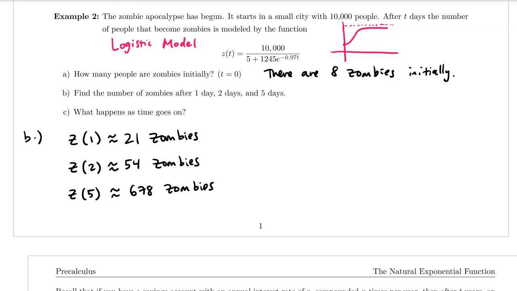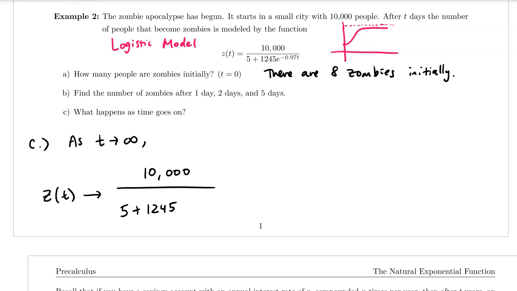Oftentimes we think, oh, everyone's going to become a zombie. That might not necessarily be the case. So let's see what happens as t gets really, really large. For part C, we're basically saying as t goes to infinity, what is happening to z of t? I'm going to rewrite e to the negative 0.97t.